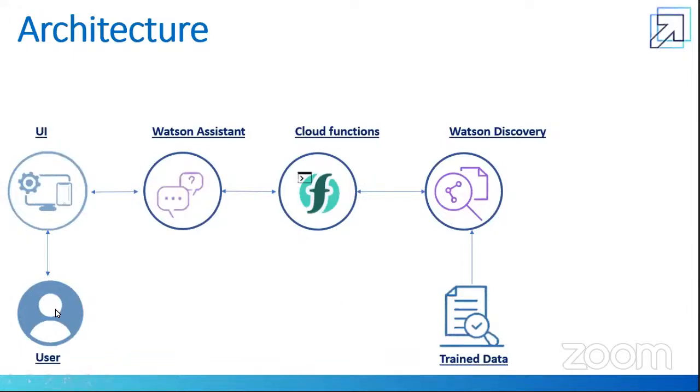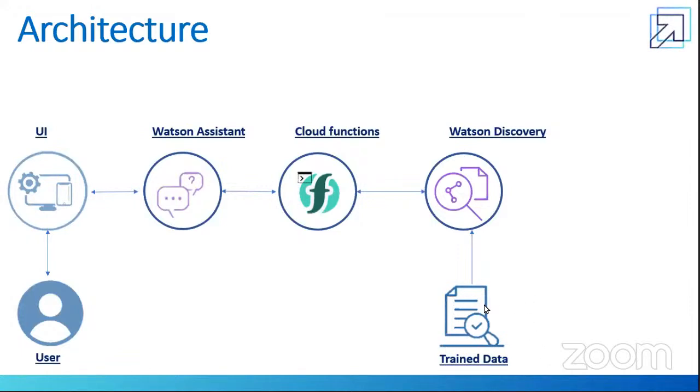Whenever the user asks about any information which is outside the scope, this will be connected to a cloud function, which is a webhook, which is actually considered as a web request. With the help of this web request, we talk to Watson Discovery. In this Watson Discovery, we usually train our data.